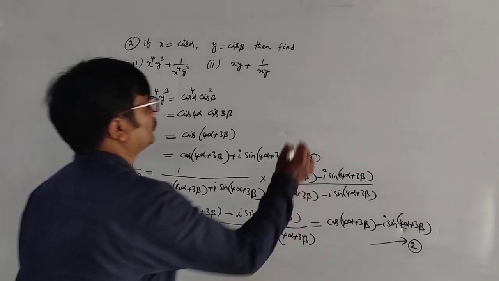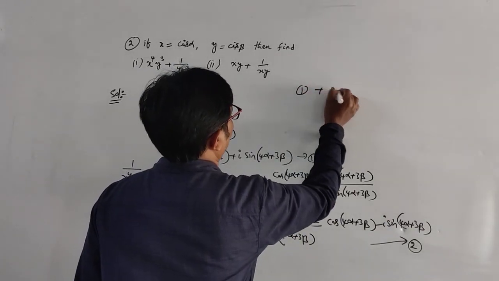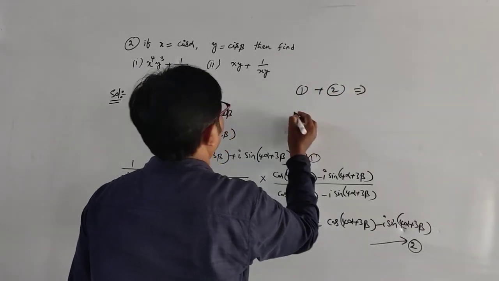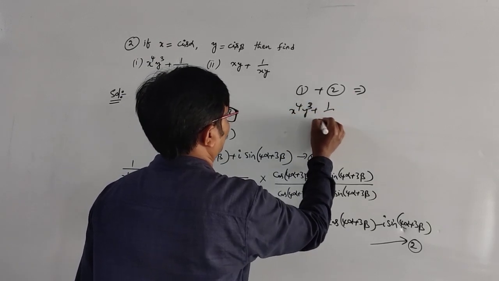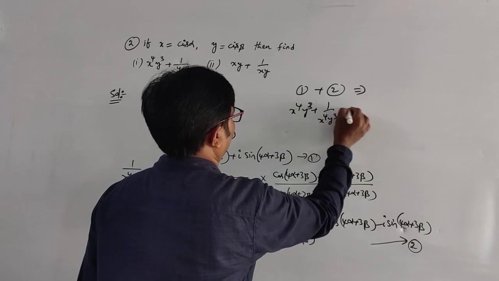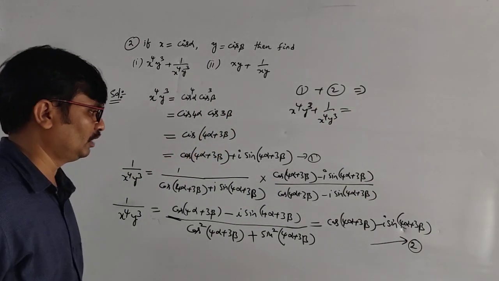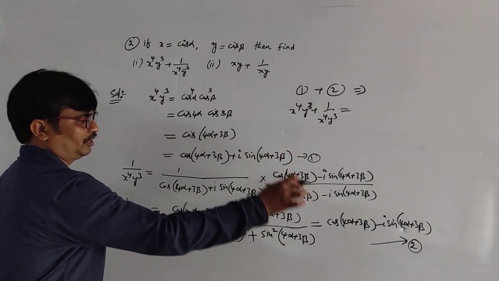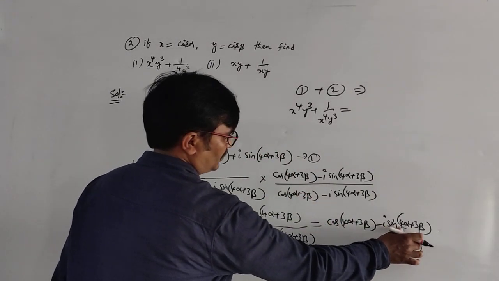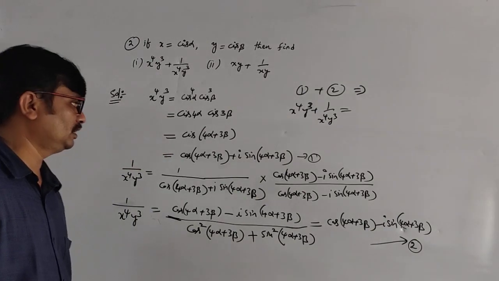So students, 1 plus 2 implies x power 4 y cube plus 1 by x power 4 y cube equals, now students, plus I sin of 4 alpha plus 3 beta minus I sin of 4 alpha plus 3 beta cancel.